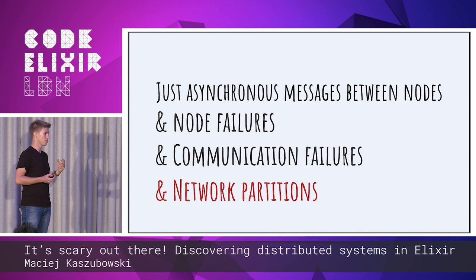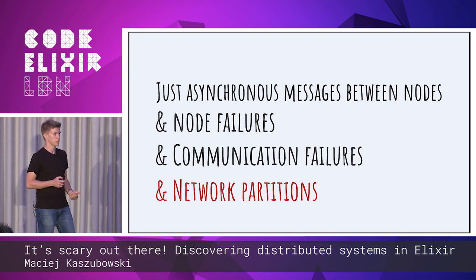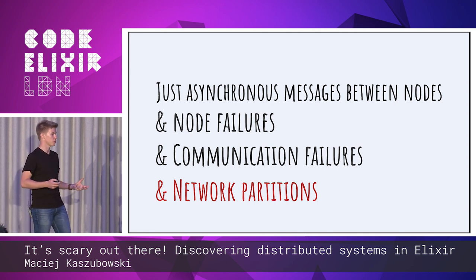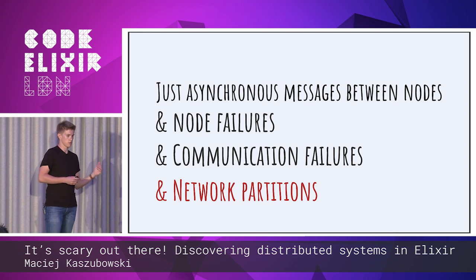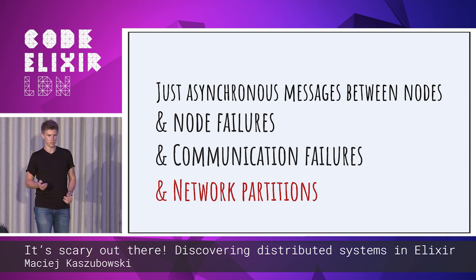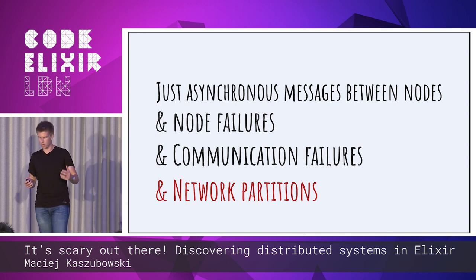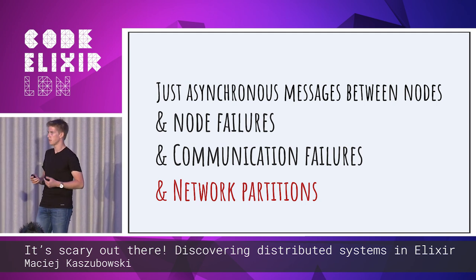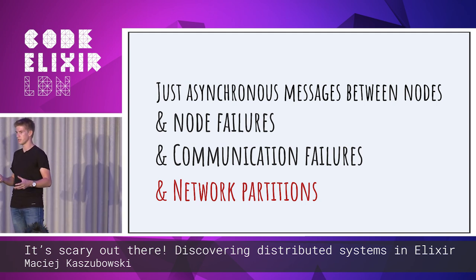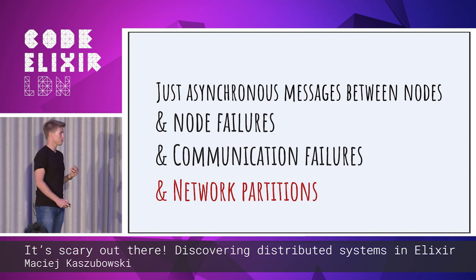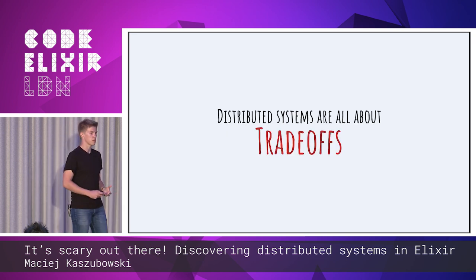And if you see that a solution tries to solve all of these problems and doesn't tell you what the trade-offs are, you start to get suspicious. So if you know this stuff and you remember that all the fancy algorithms and solutions are just message passing, you start to see that it's all about trade-offs.